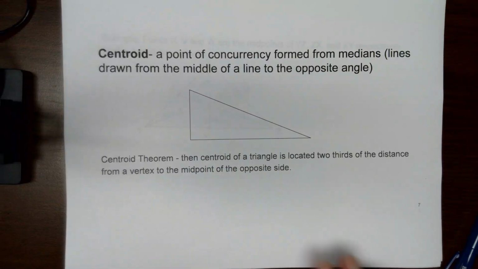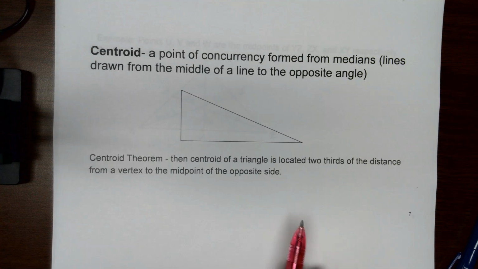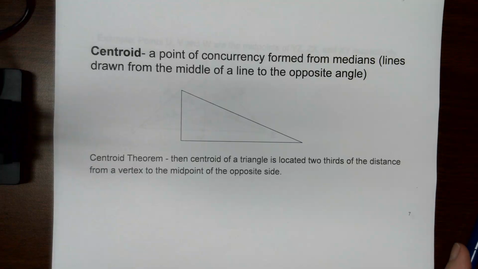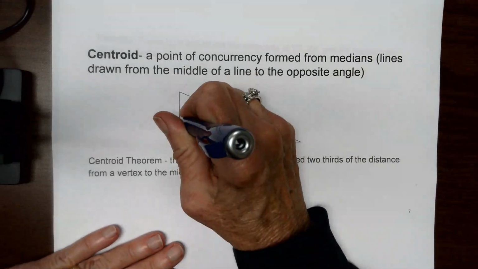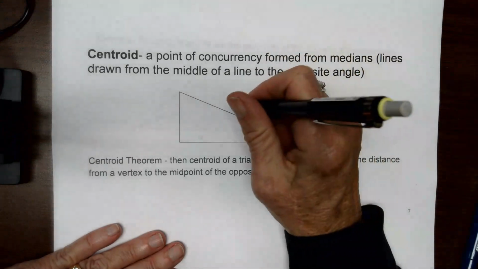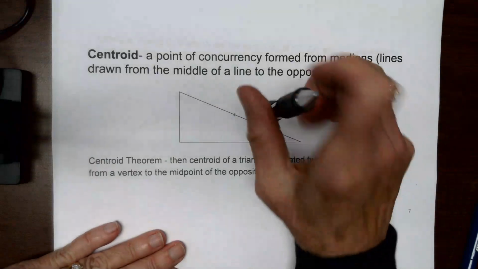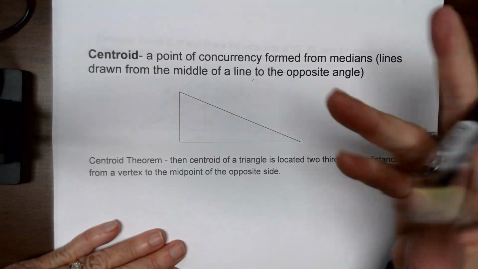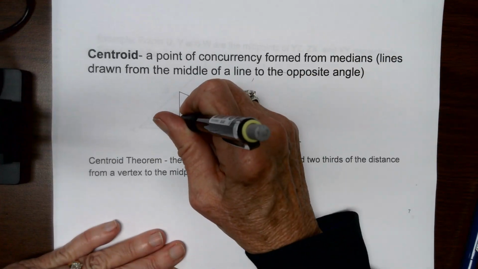A centroid is the point of concurrency formed from medians. Medians are lines drawn from the middle of a side to the opposite angle. So they're a lot like the circumcenter, but they're not perpendicular. If I find the midpoint again of each of these sides, and I'm just eyeballing it here, I'm looking for the middle point.